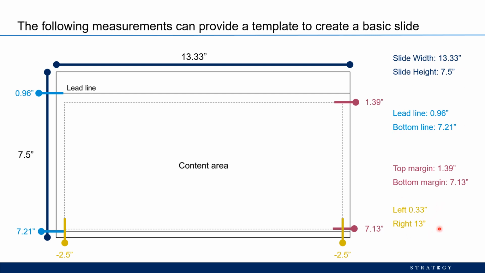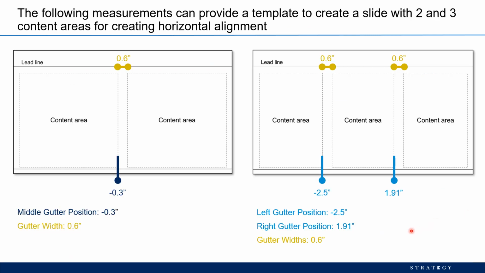So I'll be talking more about this in that video. Additionally, this slide is just like the last slide. It's providing more measurements. Only in this slide, it's showing how to create different size content areas so that when we go through and create a template together, we can have horizontal alignment built into our slide template.